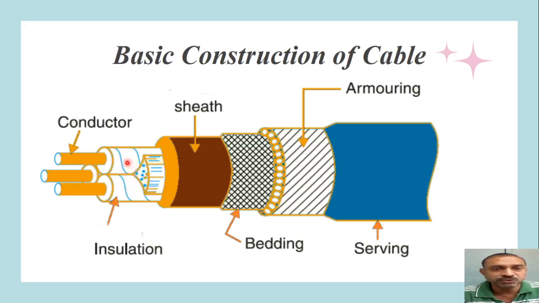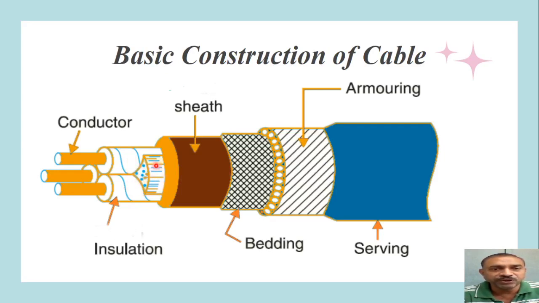Now this insulation must have high resistivity, and its electric field strength or withstand capacity should be high. As the cable is used underground, there is a possibility of moisture entering or being absorbed by the insulation.